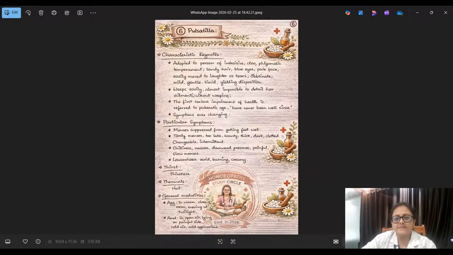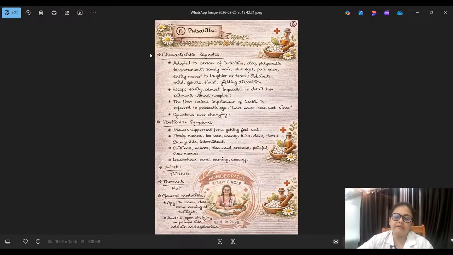Weeps easily, almost impossible to detail her ailments without weeping. See, this is here. She weeps to seek attention. She is very much attention craving. The first serious impairment of health is referred to pubertic age. See, she says, have never been well since puberty. That is pulsatilla.